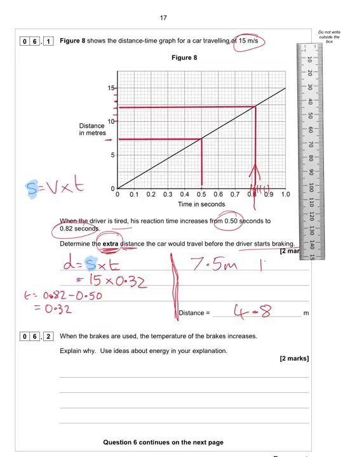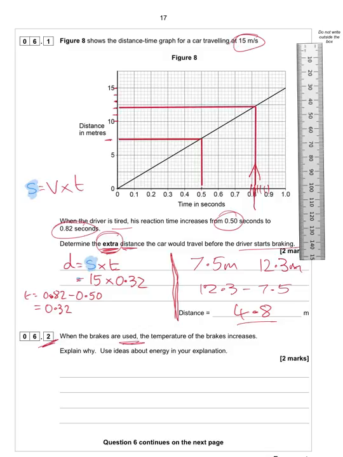So we're going to use 12.3 meters, and so the difference is 12.3 minus 7.5, which again comes out to be 4.8 meters. Okay, so there are 2 methods for that question. So moving on to 6.2.